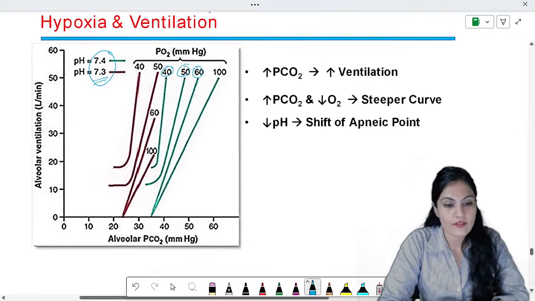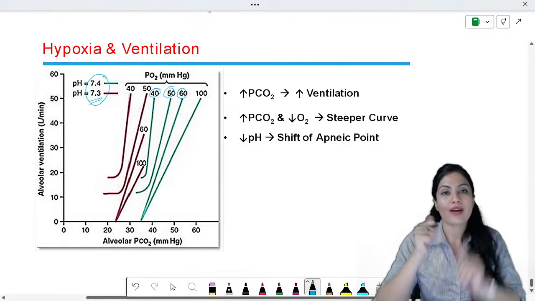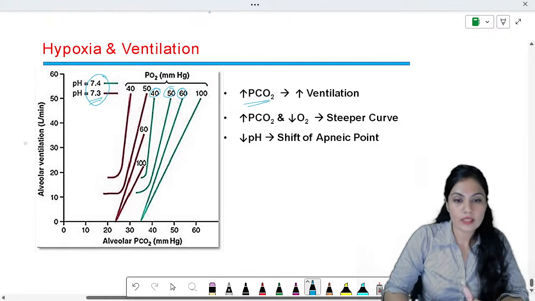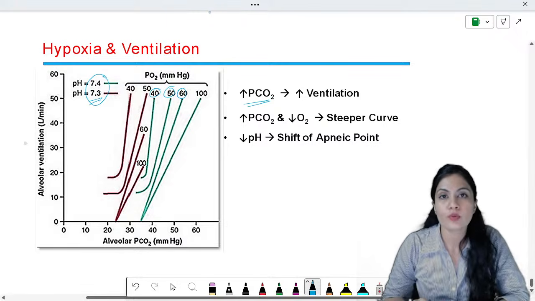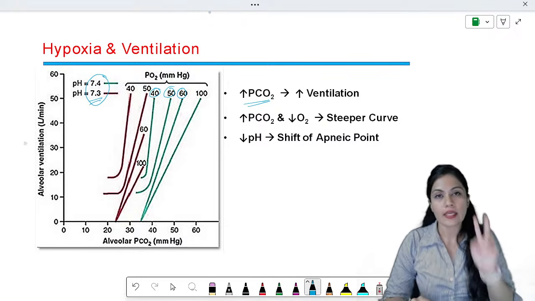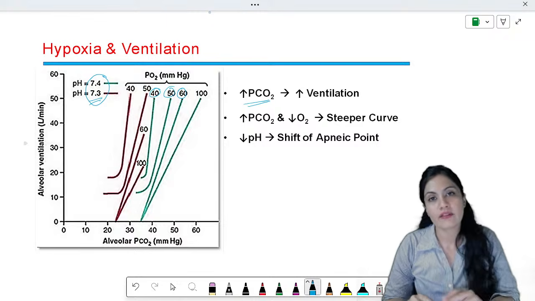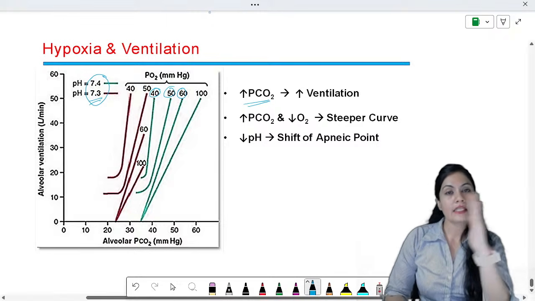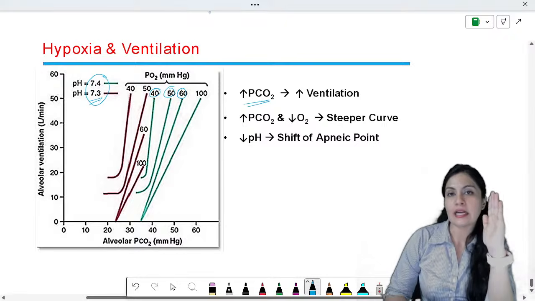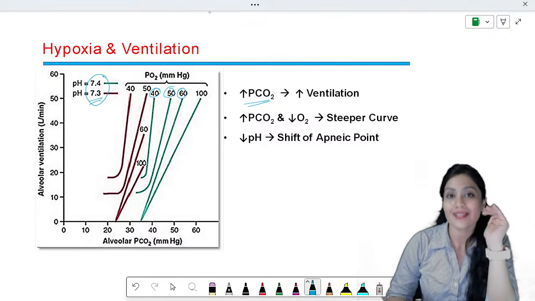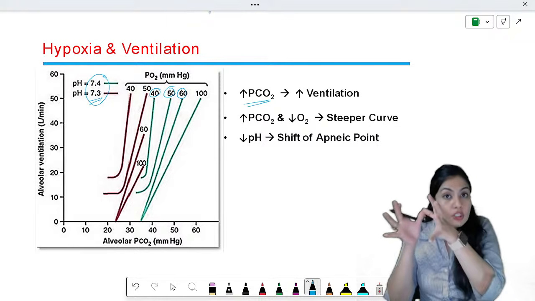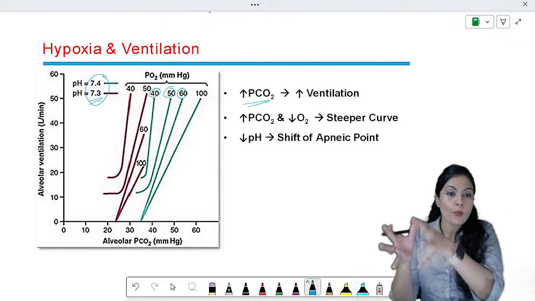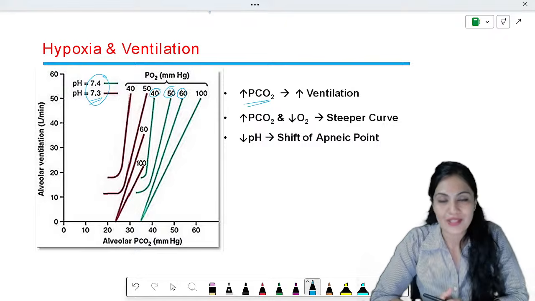So this is the graph and this is the summary. If you have increase in the PCO2 in this type of graph, the graph is going to have a linear correlation to the ventilation. Second, if with the hypercapnia we are having hypoxia also, increase in the slope will be seen. That means the curve is going to be steeper, right? And if there is decrease in the pH, of course the overall combination is going to shift towards the left hand side.